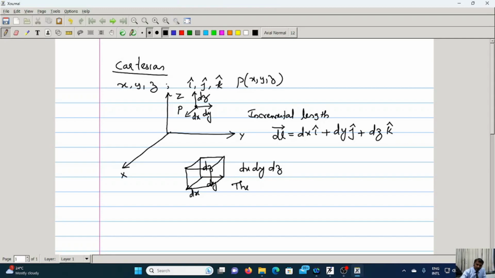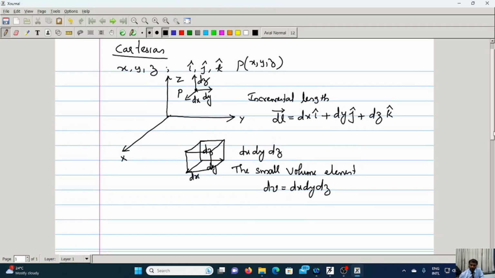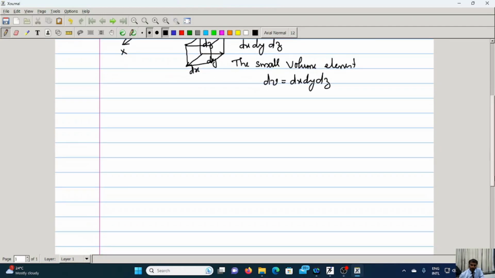Therefore, the small volume element dv is nothing but dx dy dz, the three sides multiplied together. This is the incremental length and small volume element in the Cartesian coordinate system.